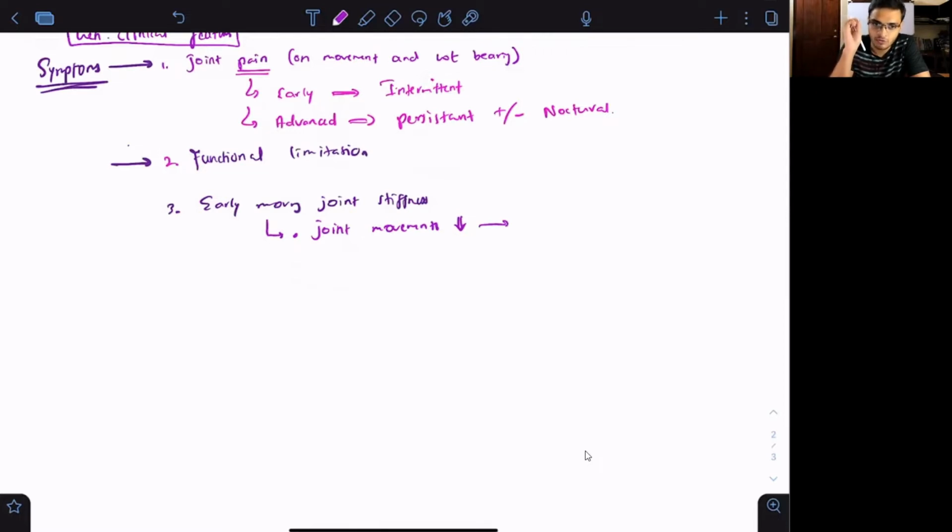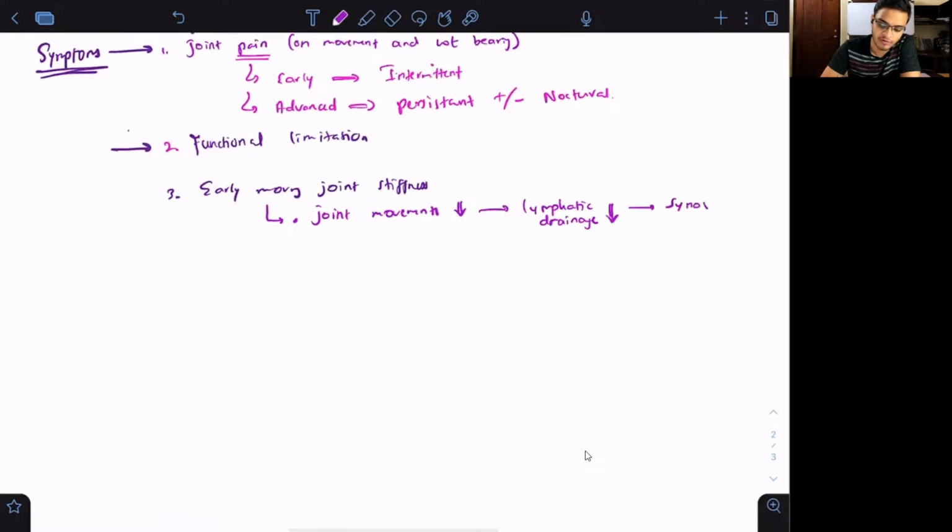So what happens is when joint movement is reduced, lymphatic drainage is reduced, right? When lymphatic drainage reduces, our synovial fluid flow rate reduces. Because usually type B synoviocytes are producing new synovial fluid, basically our hyaluronic acid, our lubricin, and some other molecules, right?